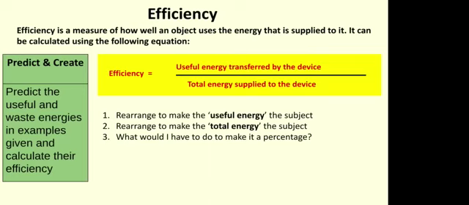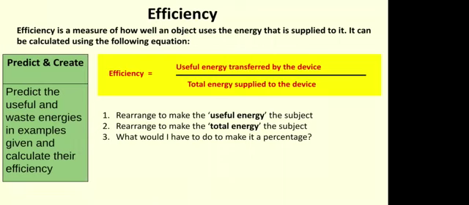First of all, I should explain what efficiency is. If we're talking about a device and saying that it's very efficient, what we mean is that it's converting a lot of its initial energy into useful energy. It's efficient at what it's doing. In a few examples that we're going to go through, you'll see what useful energies and wasted energies are.